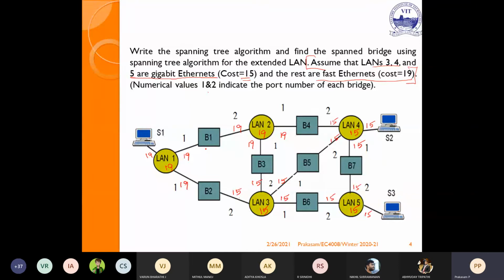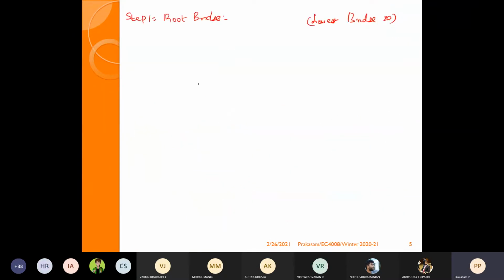It is directly a numerical value. So B1, B2, B3, B4, B5, B6, B7. Which is lowest? B1, it is the lowest. So B1 is the root bridge.